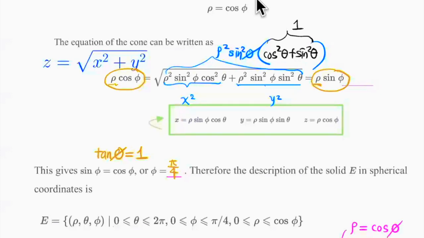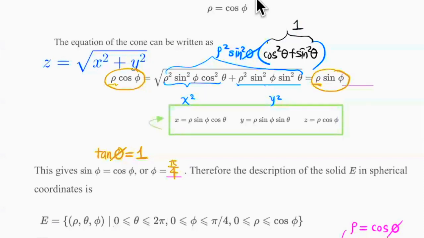Square root of x squared plus y squared. Remember x is equal to rho times sine phi cosine theta. So we square that one, we get x squared is rho squared sine squared phi cosine squared theta. And we replace y squared by rho squared sine squared phi sine squared theta. Now we can take out this common factor, rho squared sine squared phi, and we have cosine squared theta plus sine squared theta inside the parentheses, which is equal to 1.